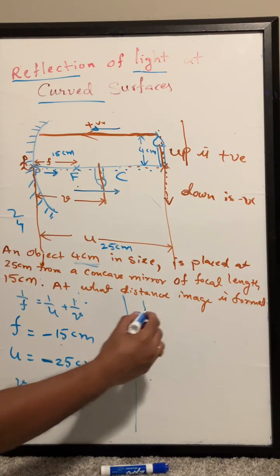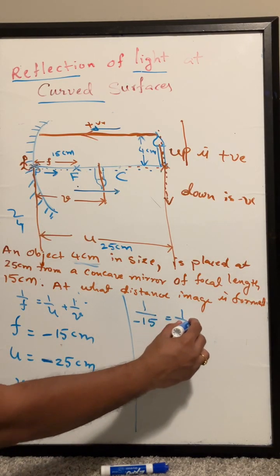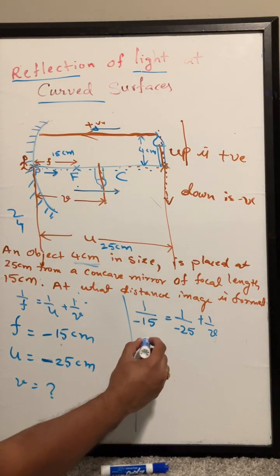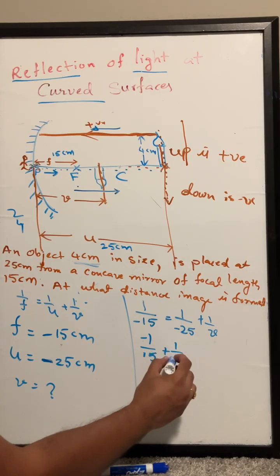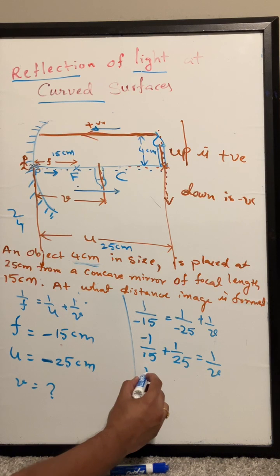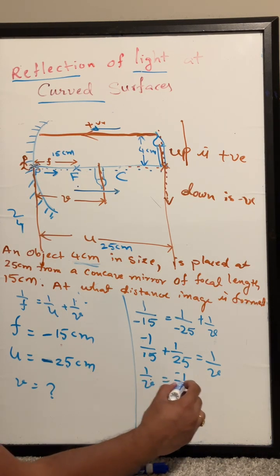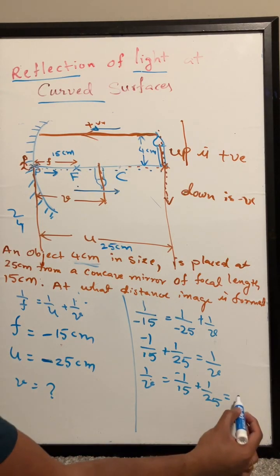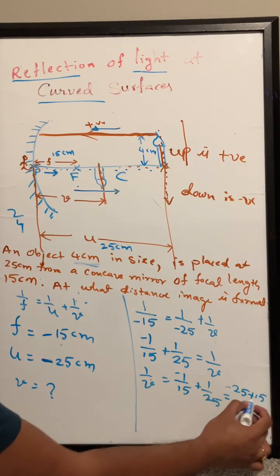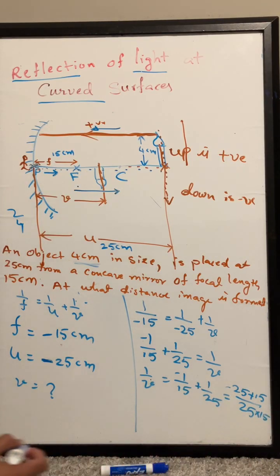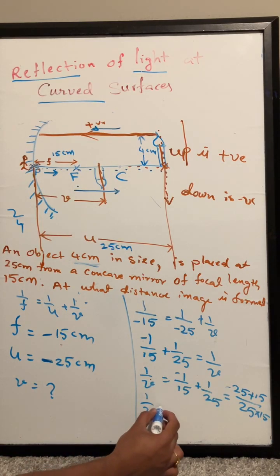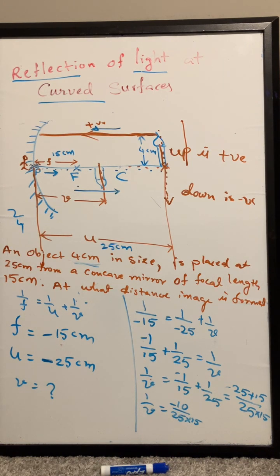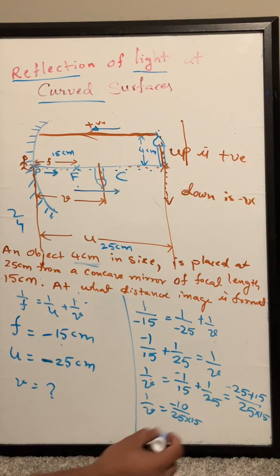Okay, now we have the negatives or positives. Now let's put the values. I'm just replacing and moving the numbers here and there.